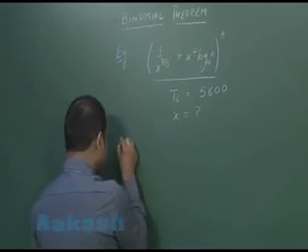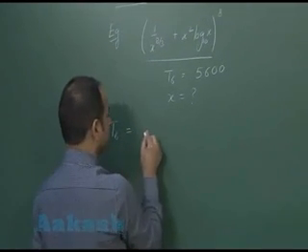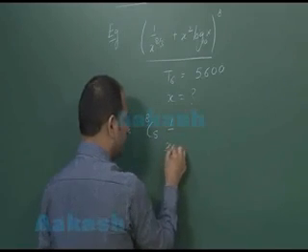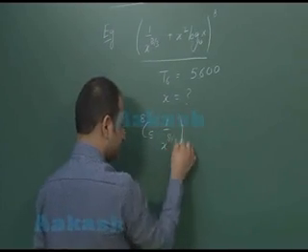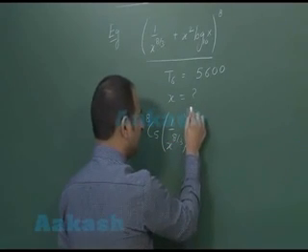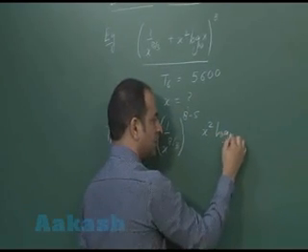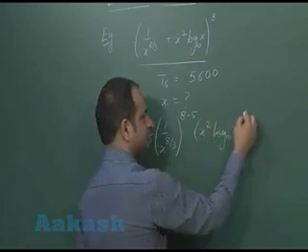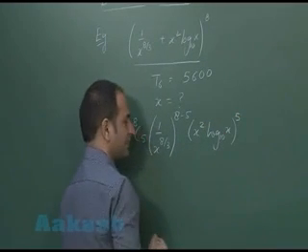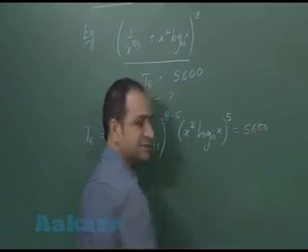Now first I will be writing the sixth term, which will be equal to 8c5, 1 upon x raised to the power 8 by 3 whole raised to the power 3, that is 8 minus 5, x square log x again raised to the power 5. And this is given to us, this is 5600.